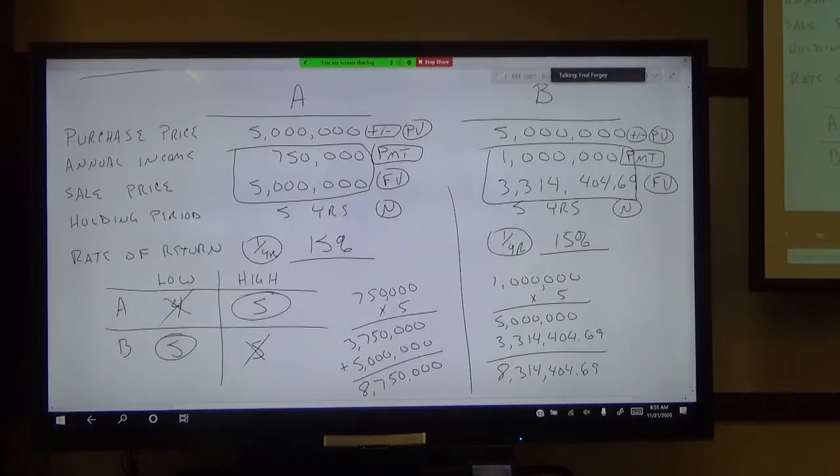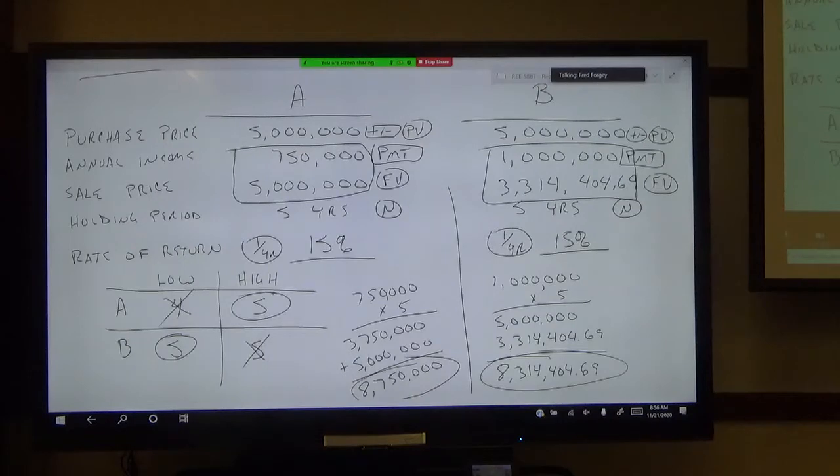Now, if you look at that, you'd say, hey, I'm getting more money with A than I am with B. But you're having to wait substantially longer to get that money. And in the world of time value of money, that does matter, okay?